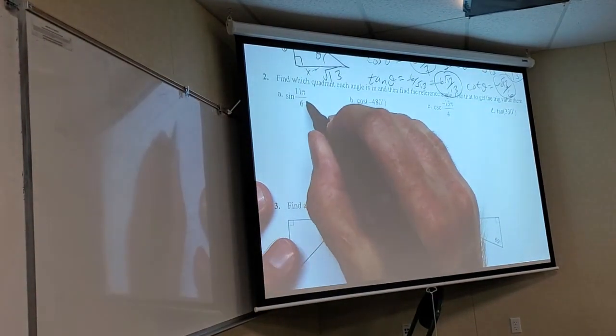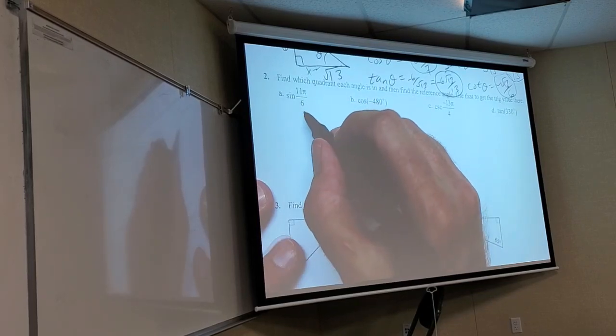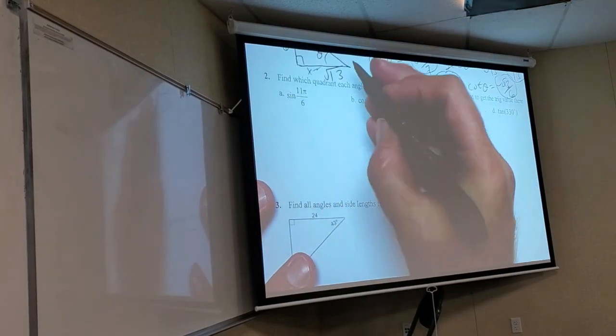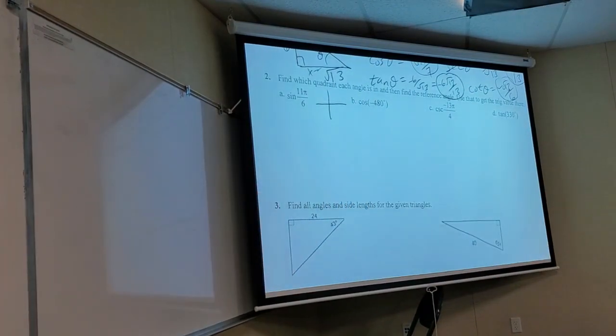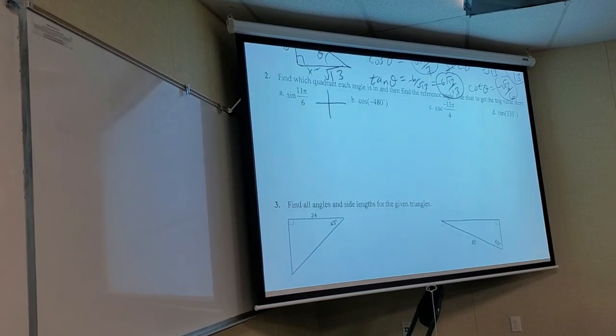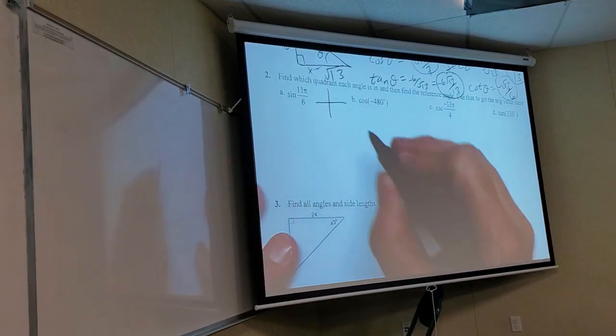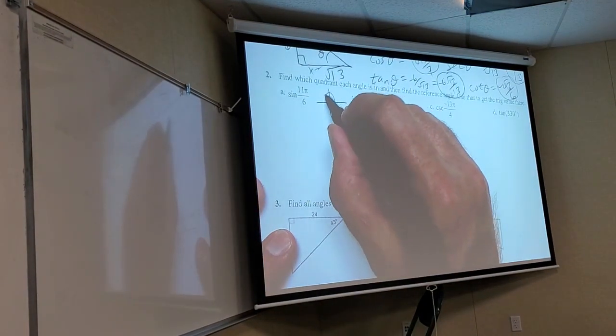I need you to start forcing yourself to work with radians directly, right? So for example, 2 pi is also 8 pi over 4, correct? 2 pi is also 12 pi over 6, right? So 11 pi over 6, did it get all the way to 2 pi?